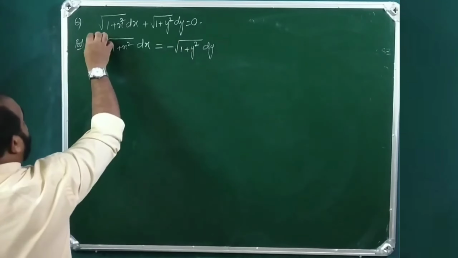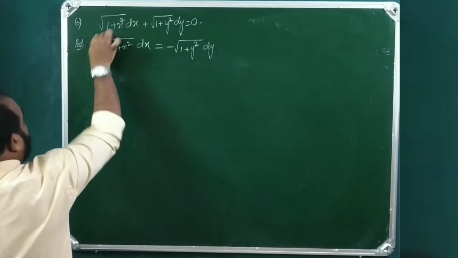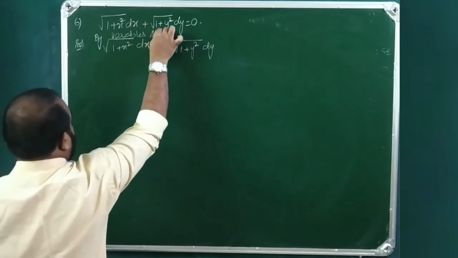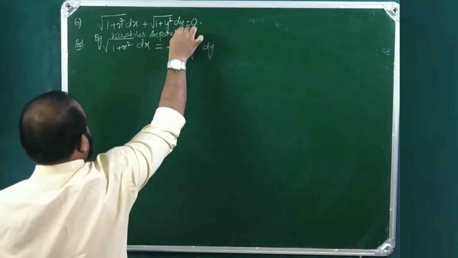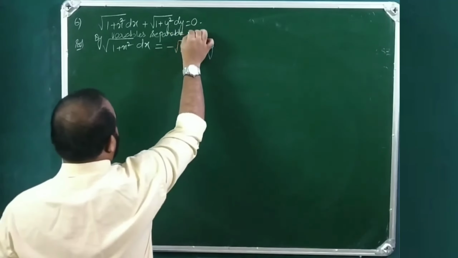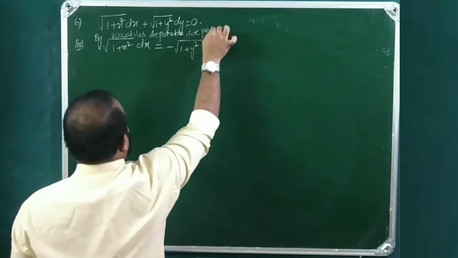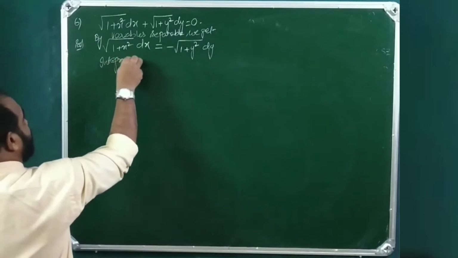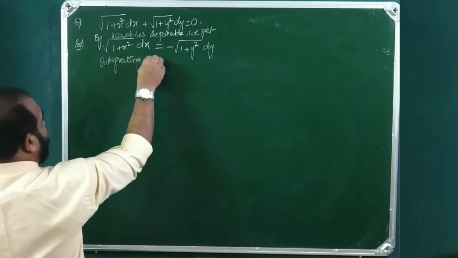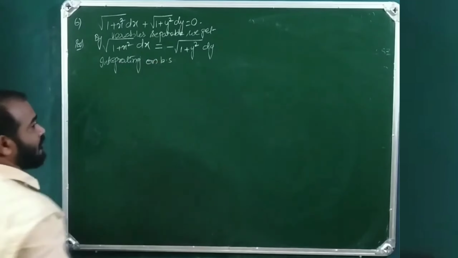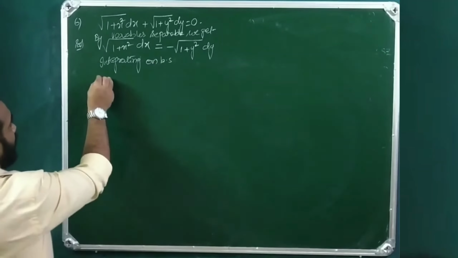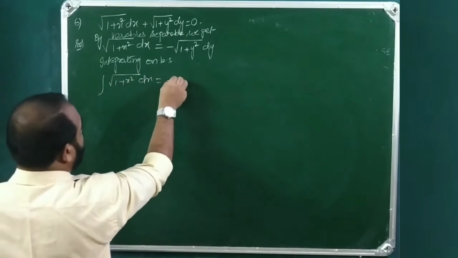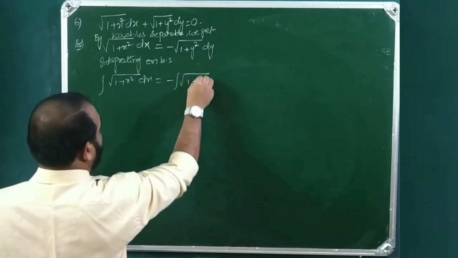So before that, by variable separable, we get this. Now, integrating on both sides: integral of root of 1 plus x square dx is equal to minus integral of root of 1 plus y square dy.